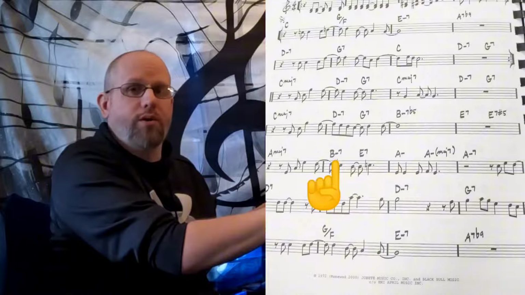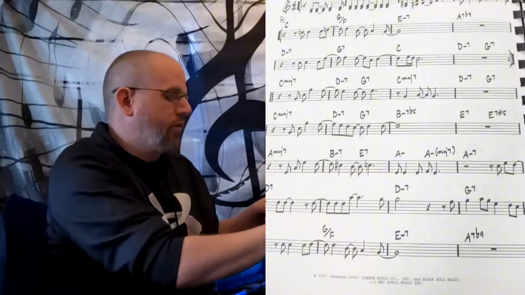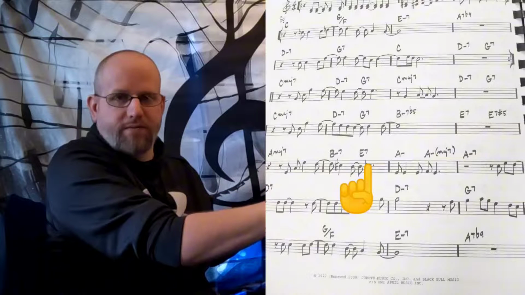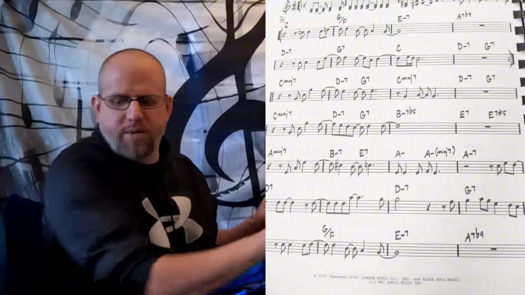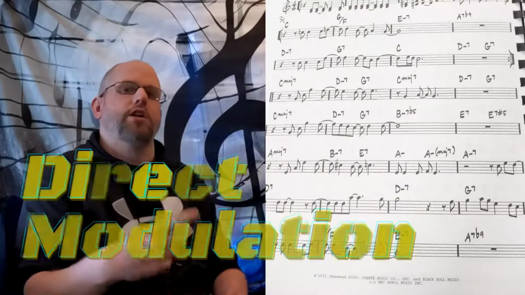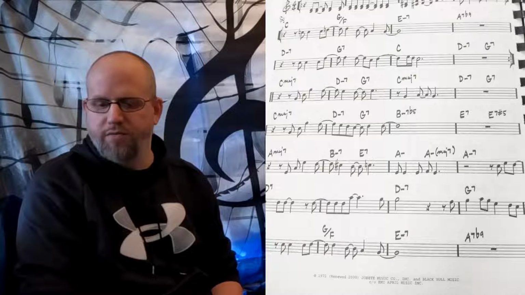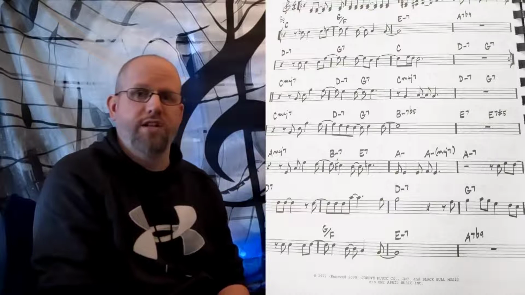That is the 2 chord in the key of A major. And then we're going to throw in an E7, which is the 5, okay? So we've done what I would consider to be a direct modulation in the key of A major from the original key of C major.